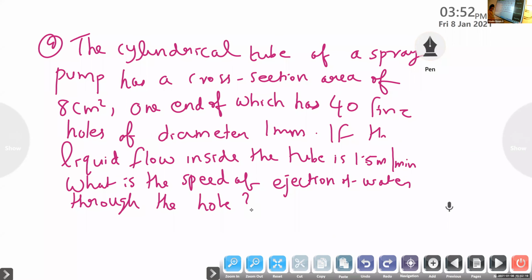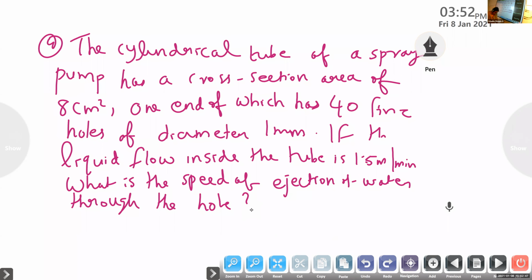The cylindrical tube of a spray pump has a cross-section area of 8 cm squared. So for the cylindrical tube, the area is given. One end of which has 40 fine holes, so in total 40 holes are there. The diameter is given. So per minute 1.5 meter of liquid flows.